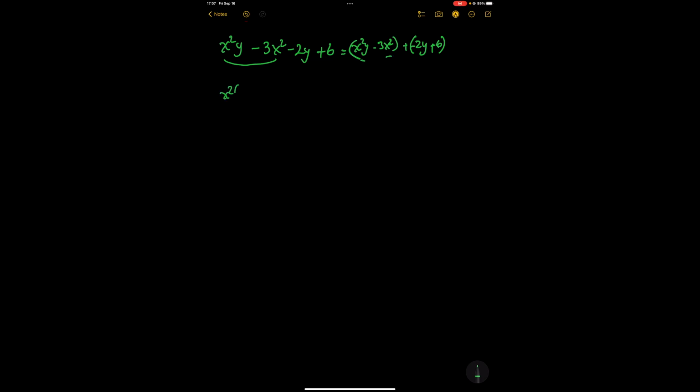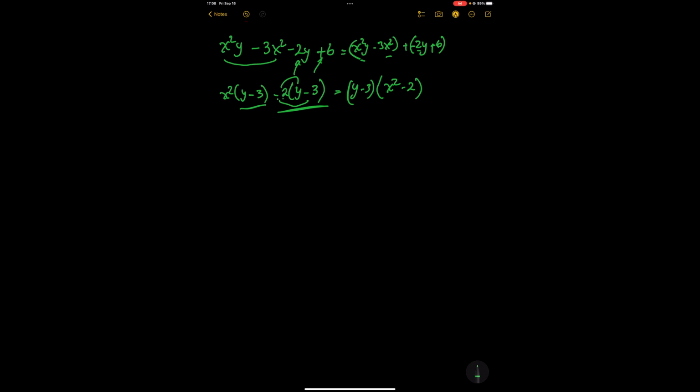That will be x squared (y - 3), and then for the others you have 2 and 6, so -2 times (y - 3). If you do negative 2 times y, you get negative 2y, and negative 2 times negative 3 will be equal to positive 6. So we have y - 3 on both sides, so that will be (y - 3) times (x squared - 2).